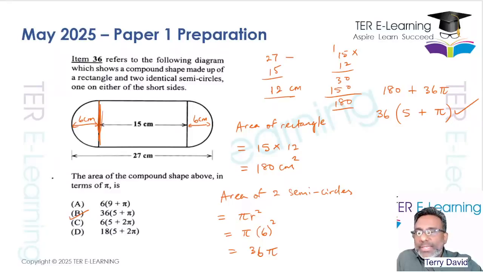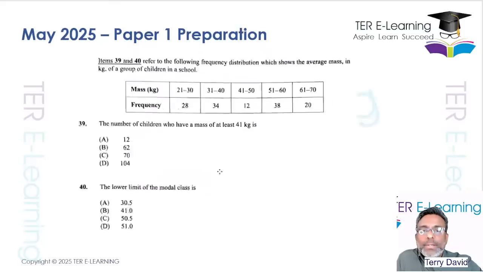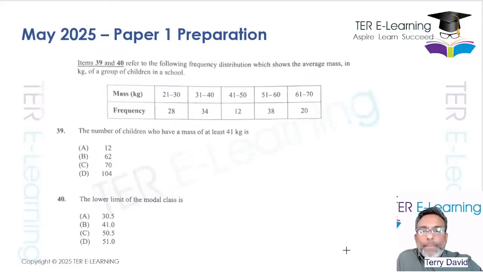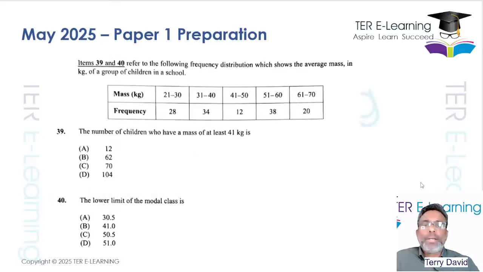Let's have a look at this question here. We have a frequency distribution, and this is grouped data. The question asks for the number of children who have a mass of at least 41 kilograms. What's the answer?